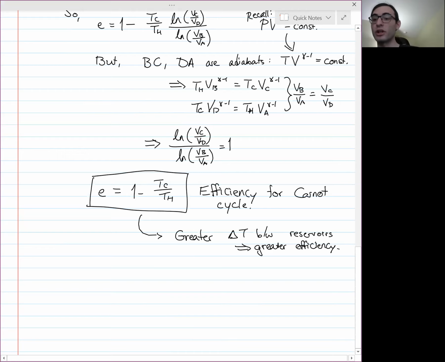So if your cold reservoir is very, very cold and your hot reservoir is very, very hot, then if you use the Carnot cycle between those two reservoirs to extract energy, you get very high efficiencies close to 100%. You can never get to 100% because that would imply that either TC is 0, i.e. at absolute 0, which hopefully, or maybe you guys know is impossible, or you'd have to have TH be infinity, which also is impossible. So that's the Carnot cycle.